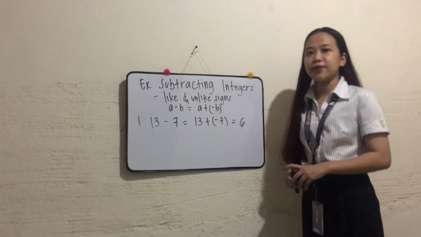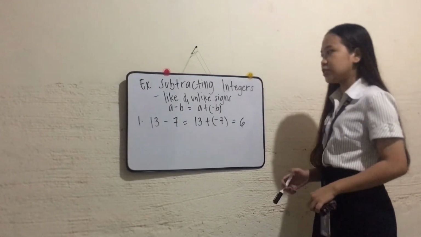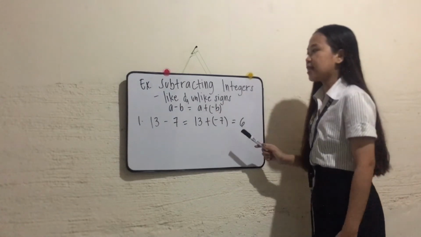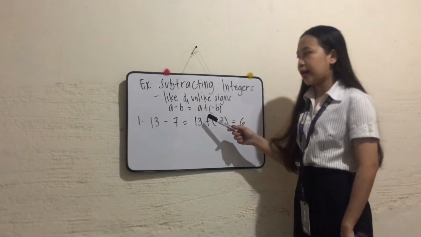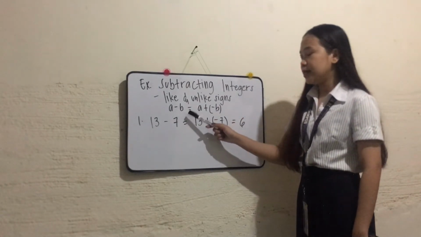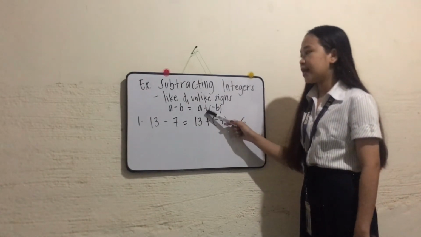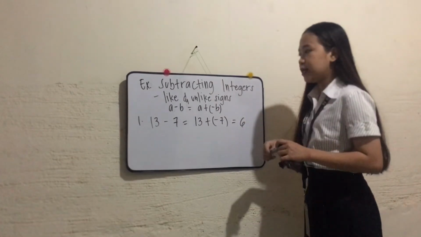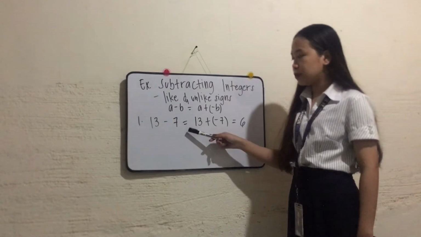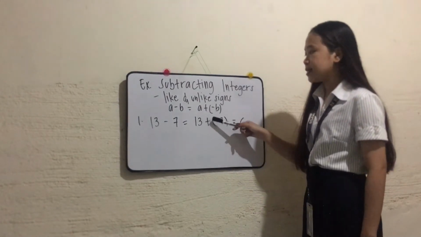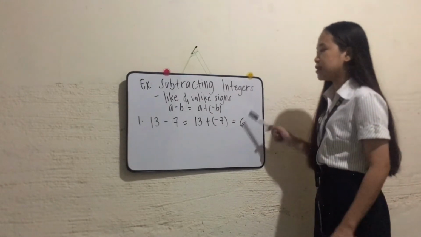So now let's have examples in subtracting integers having like sign and unlike sign. First, we use the given formula, which is a minus b is equal to a plus negative b. So here in example number 1, 13 minus 7 is equal to 13 plus negative 7 is equal to 6.